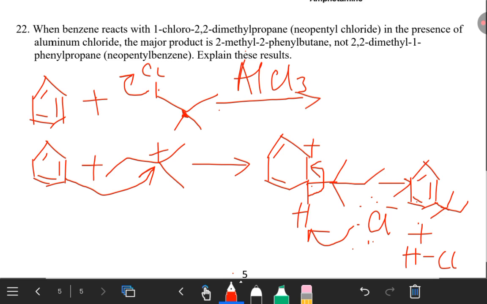Okay, so that is how you are going to form these products. These are actually the products which are formed, of which our main interest is this product.